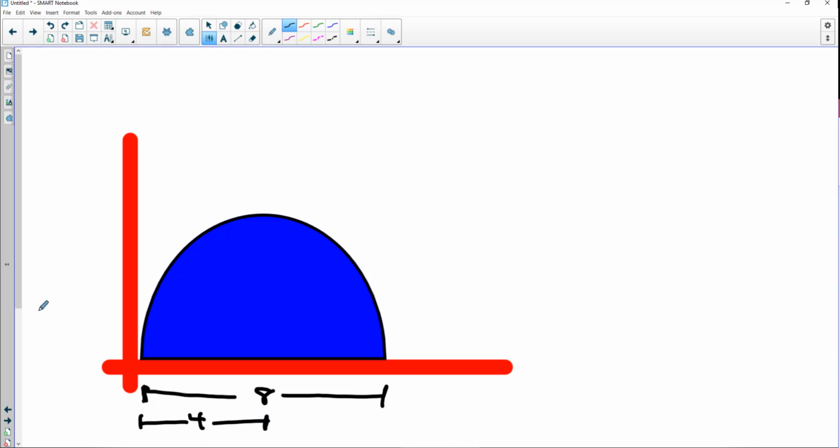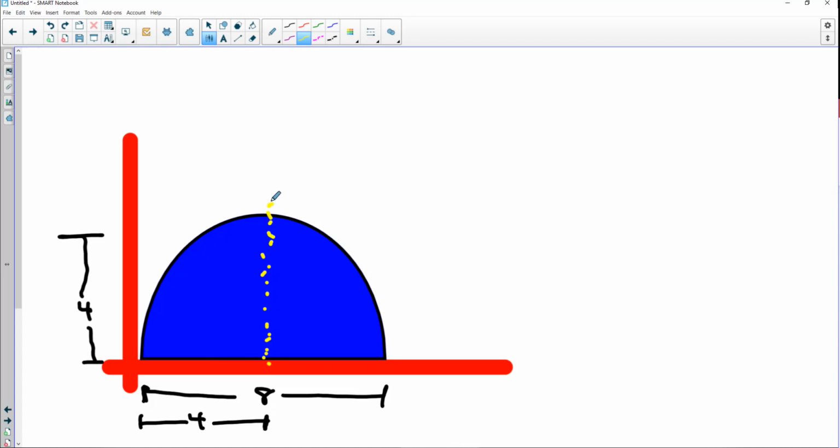And if the radius of our circle is 4, then from the center of our circle to any point on the outside of that circle would be 4. So let's find the line of symmetry. The line of symmetry here would be here.